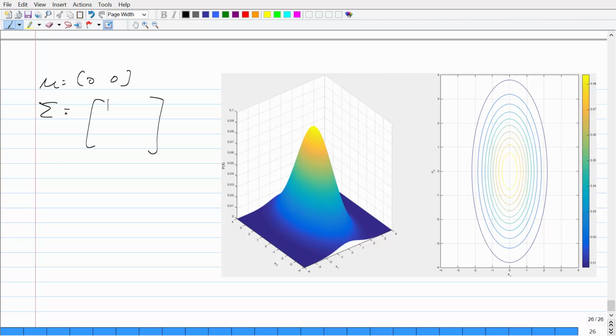It's going to be 1 for x1 and 3 for x2. This is sigma 1 here, and sigma 2 is going to be wider. When one of the features has a larger variance, if you plot this distribution, you'll see that the vertical is larger than the horizontal. So x2 has a larger spread.